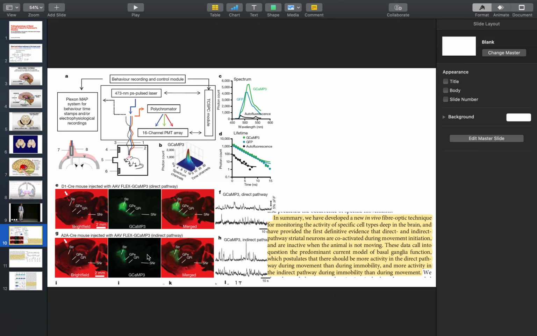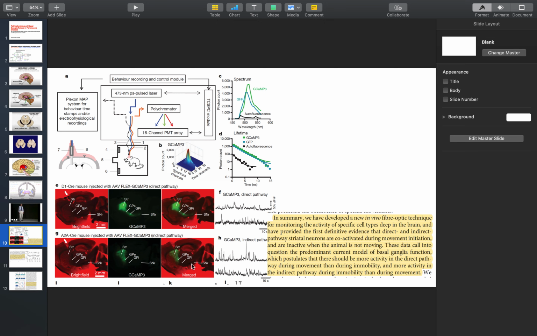Now in the indirect pathway in the knockout mice, you can see it's a lot less fluorescence, but there's still fluorescence. The indirect spiny projection neurons express D2 and adenosine 2A, but for movement as well, just not as excitatory movement as glutamate and D1, right?